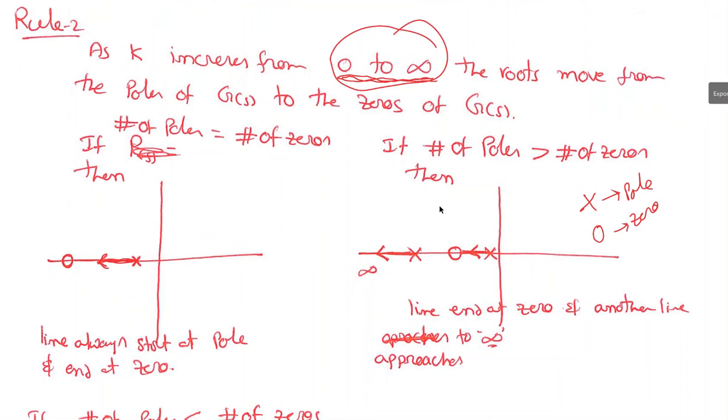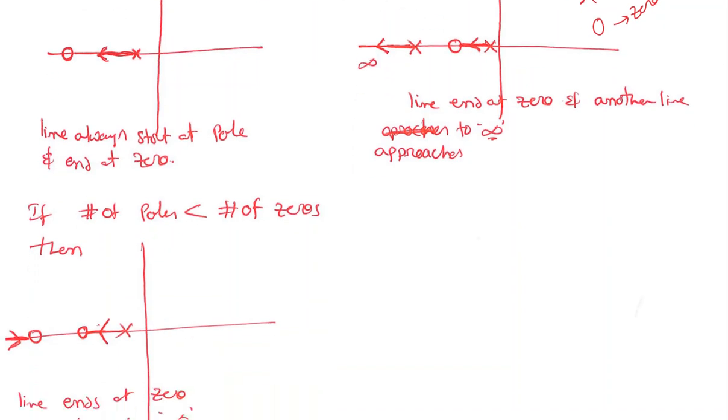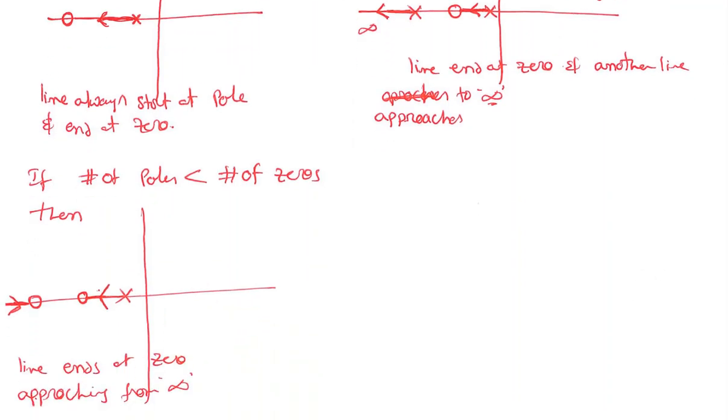Now same thing here. If you have more poles than zeros, then you will have one locus starting from a pole and ending at a zero, and another locus starting at a pole and moving off to infinity. I will talk about where to start the loci in the next point.